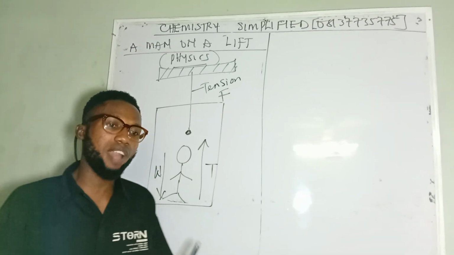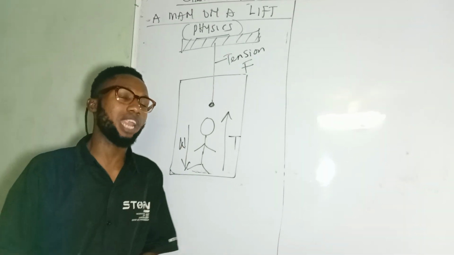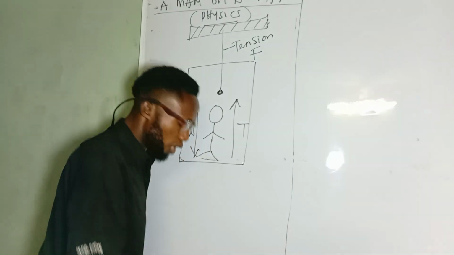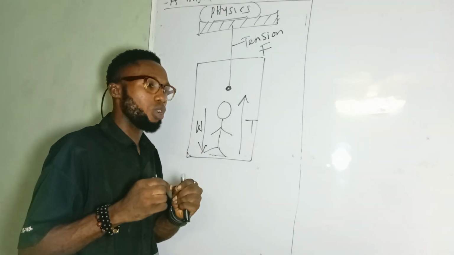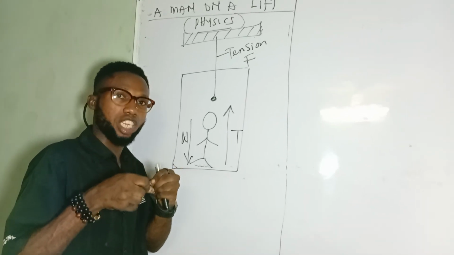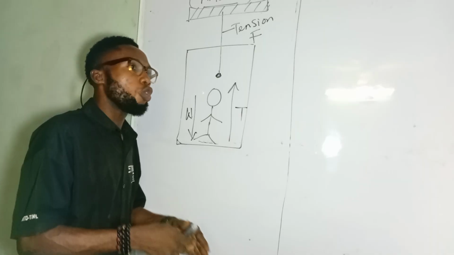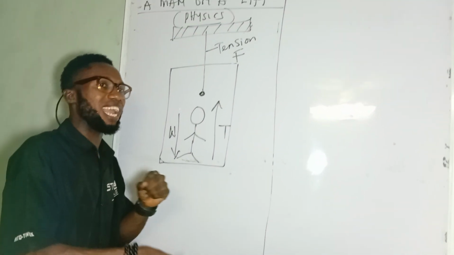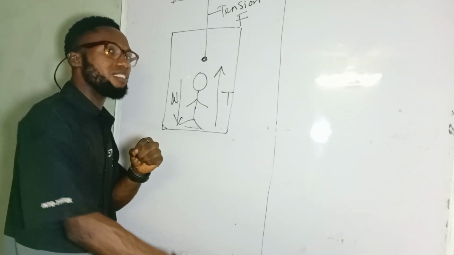For example, if you have a bucket full of water and you are trying to carry the bucket with your hand, or let me use this example, you use a handkerchief to carry the water in the bucket. The bucket will feel so heavy because the water in the bucket is pulling the weight of the bucket downward. That's the weight.